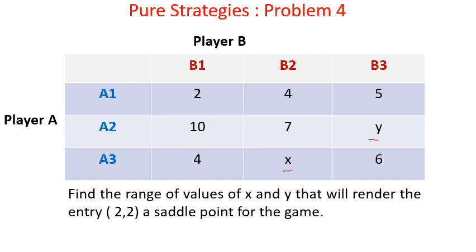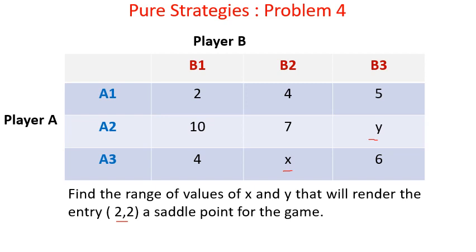You have to now find out the range of values which, when given to that x and y values respectively, will make this particular problem have a saddle point at 2. This particular point 2 here refers to the strategy, that is cell 2. We will take it as cell 2. What is that cell 2?